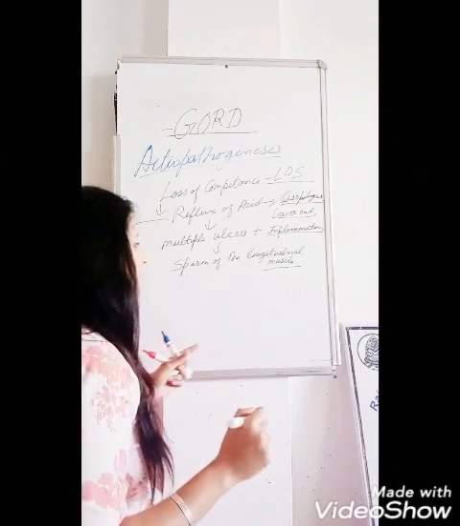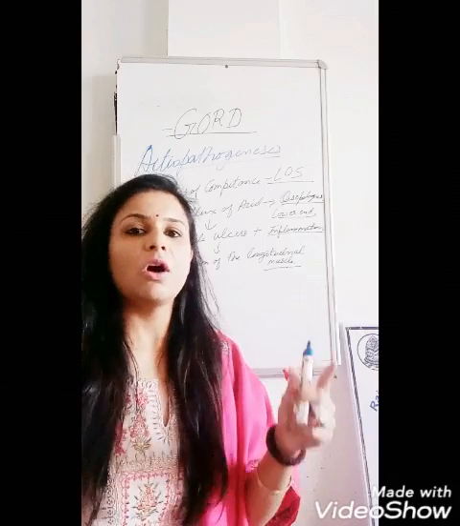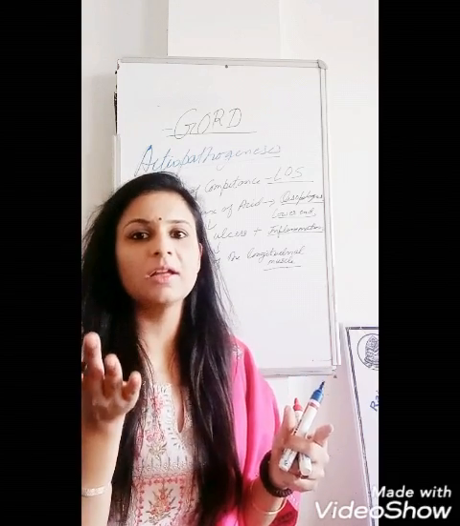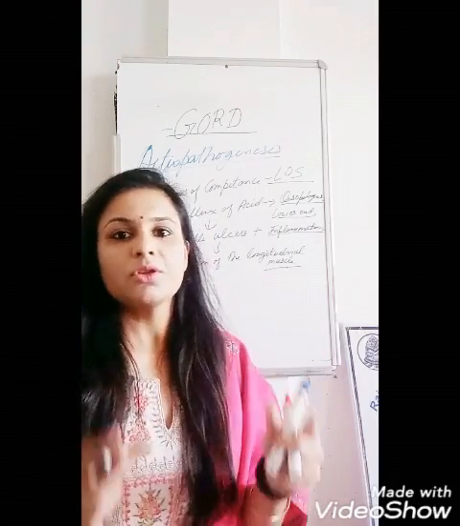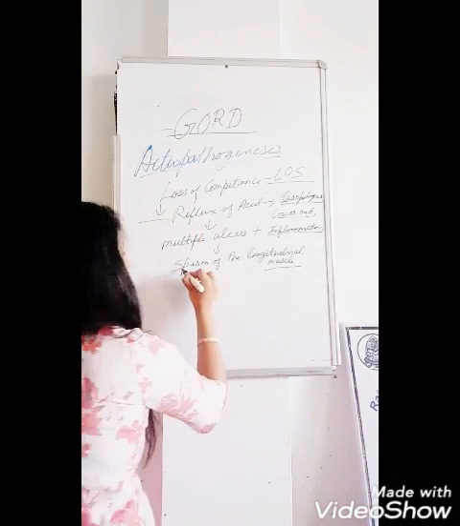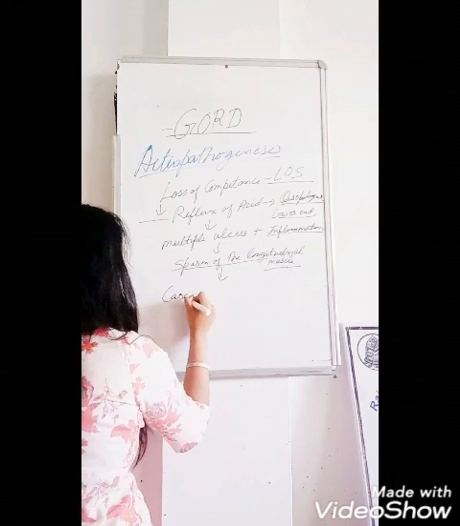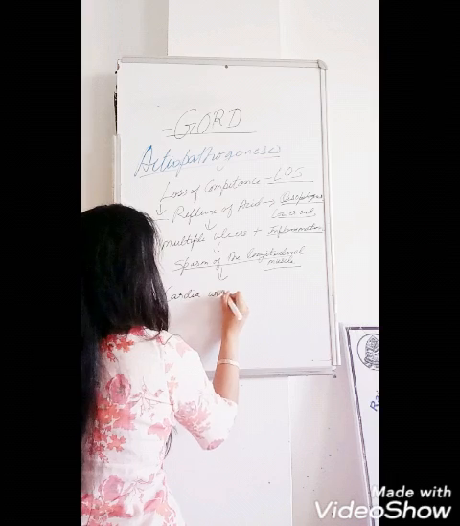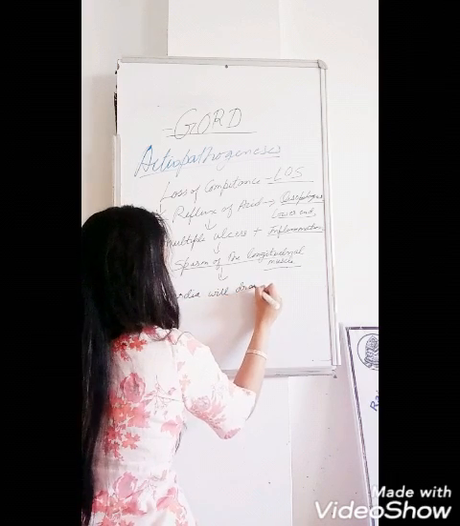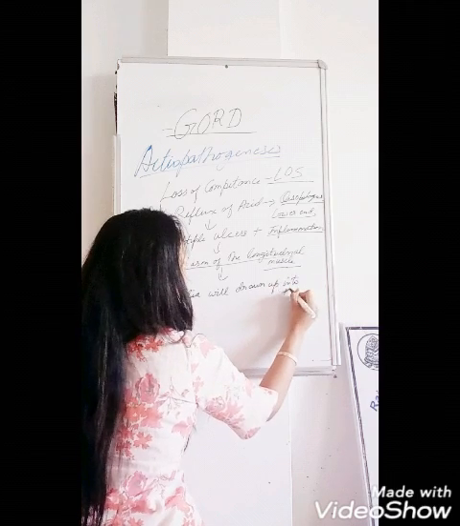And that spasm will draw up the cardia into the thorax. So there will be uplift of the cardia into the thorax because of the spasm of the longitudinal muscle.